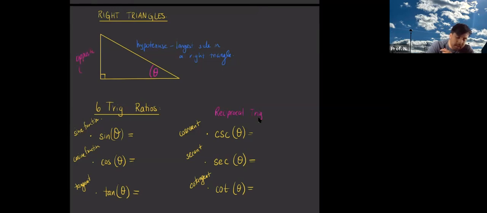So the reference point is the angle theta that you're dealing with. So the opposite to theta is that side there. So I'm going to call this triangle ABC. So AB is my opposite side to theta.